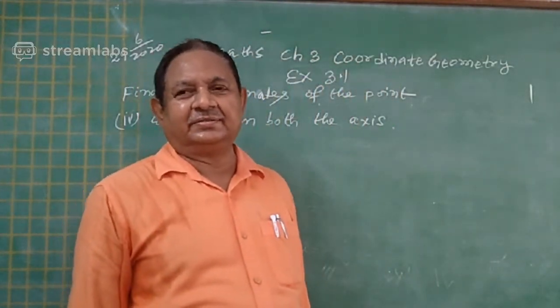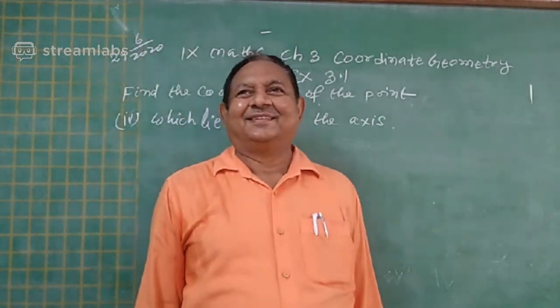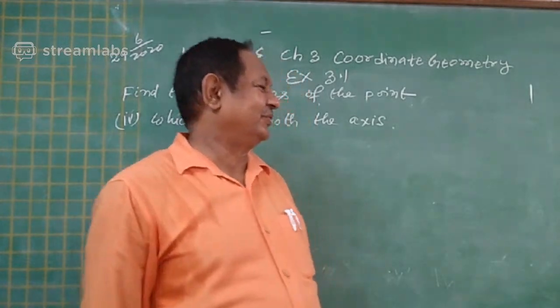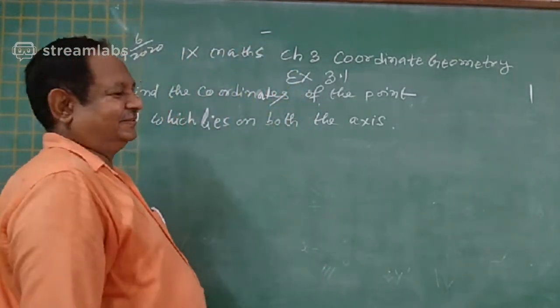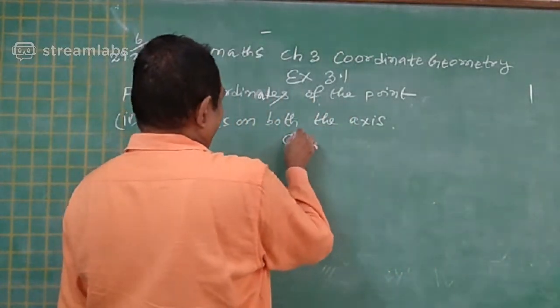Means the point which is common to x and y axes. So this is origin. So what is the coordinate of origin? 0, 0.